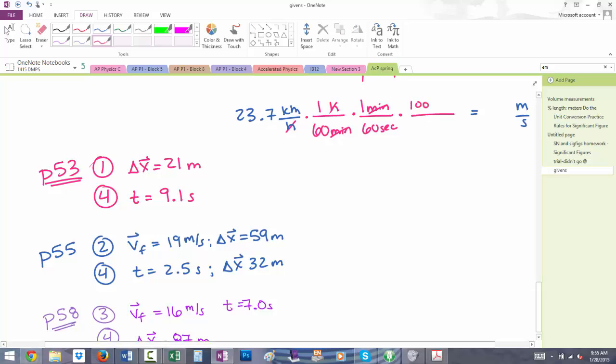So that's going to be 1,000 meters in 1 kilometer. Kilometers are gone. And so now if I follow this path, I'm going to get something in meters per second. So I'm going to take 23.7, divide by 3,600, multiply by 1,000, and that will give you the value in meters per second. Does that make sense? Yes? No? Questions? Okay. I'll let you keep going.